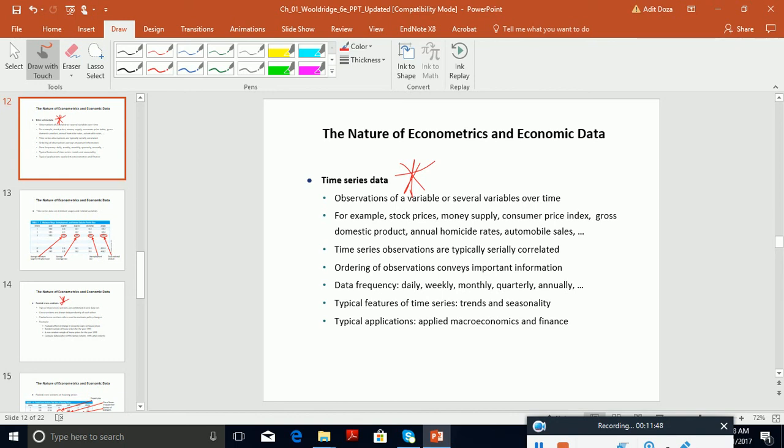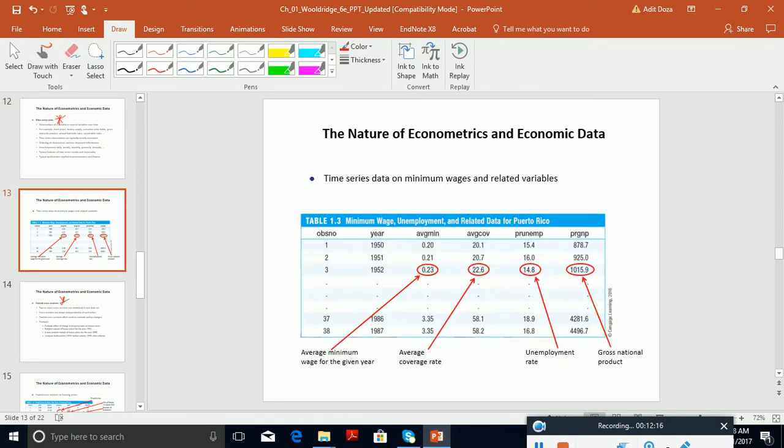From chapter 1, only these three definitional questions might be asked, like distinguish between time series, cross section, or panel data. If you know this, then it will be easier to write in the exam. Like what is the difference between pooled cross section, time series, and panel or longitudinal data.